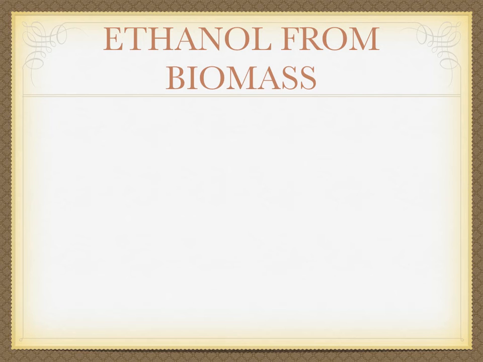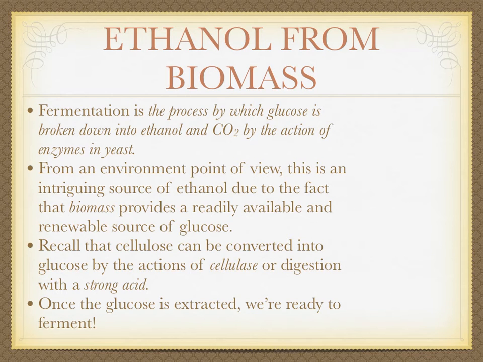But what is fermentation? Well, it's the process by which glucose is broken down into ethanol and carbon dioxide by the action of enzymes in yeast. And the way that it is examined in the chemistry course is to acknowledge that from an environmental point of view, it's an intriguing source of ethanol because biomass is renewable. And within biomass, we have readily available glucose in the form of starch or cellulose.